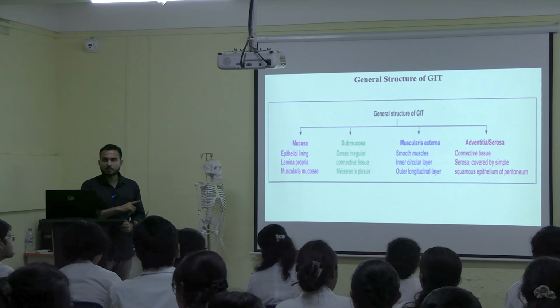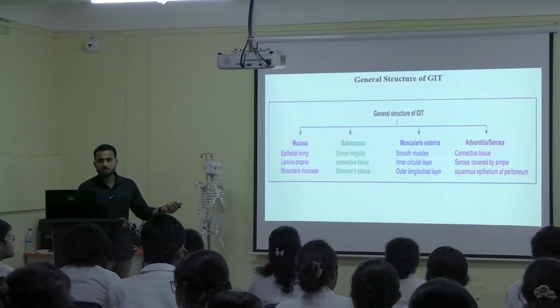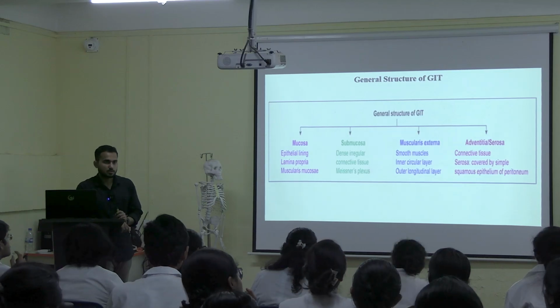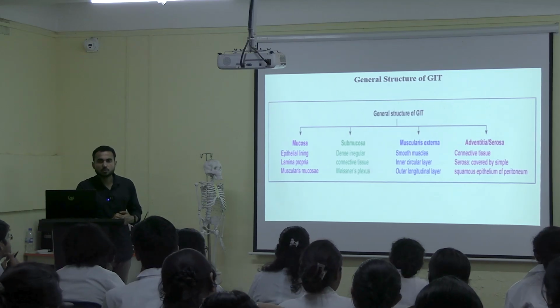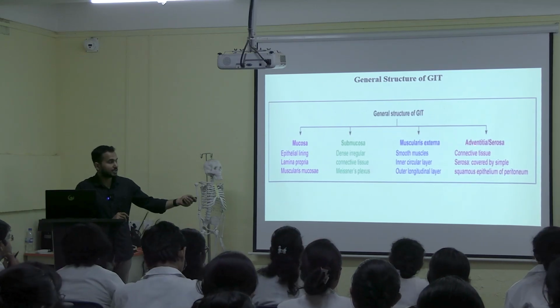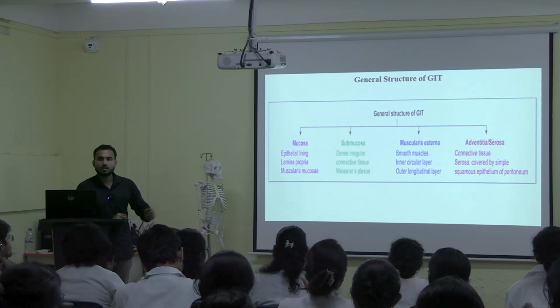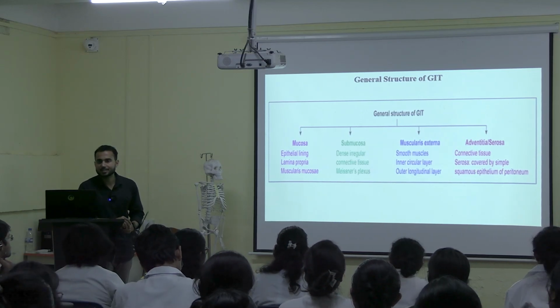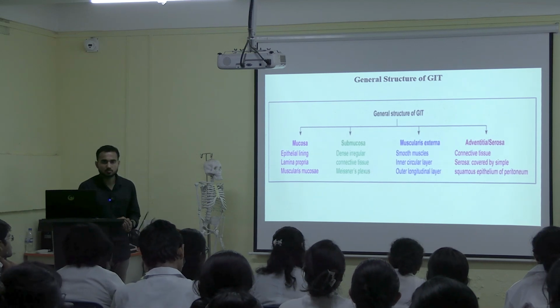The part which is not covered by peritoneum is called adventitia. Can you give one or two examples? Yes, bare areas. In case of a bare area, you will get adventitia, and where peritoneal folds, mesentery or other things are attached, this will be serosa.